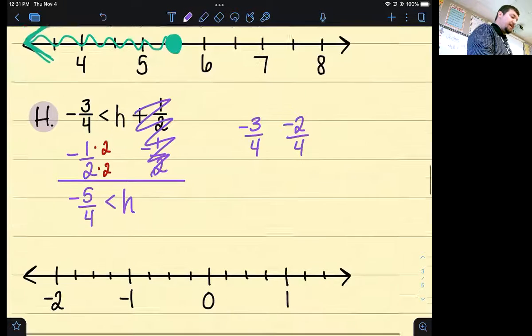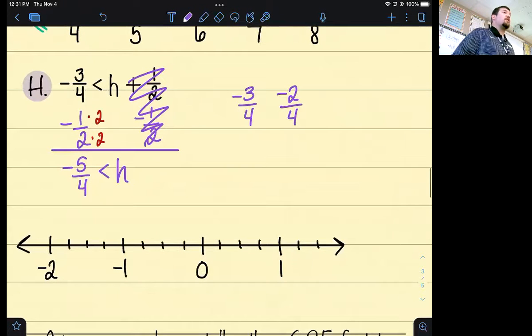Now, when it comes to graphing, what is our number line counting by? Fourths. If you count between 0 and 1, there's 4 marks, right? Starting at 0, 1, 2, 3, 4. It is counting by fourths. I want to count on the negative side of the number line, and I want to count 5/4. So this is -1/4.